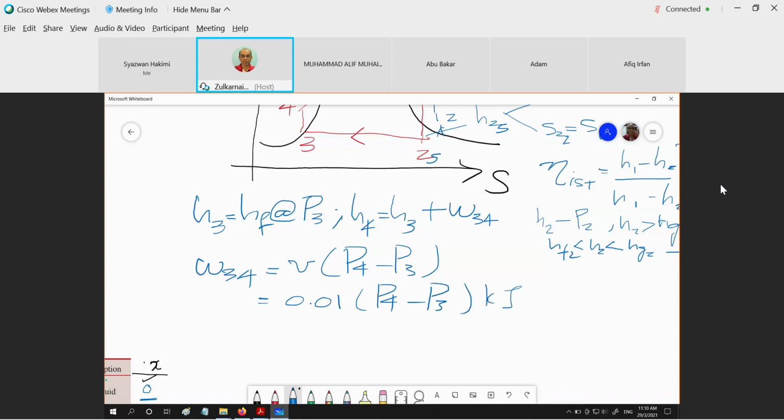This is in kilojoule over kilogram, and these two values should be put in as kPa. Right? So that's how you get your H4. When W34 is equal to 0, then you have H3 is equal to H4.